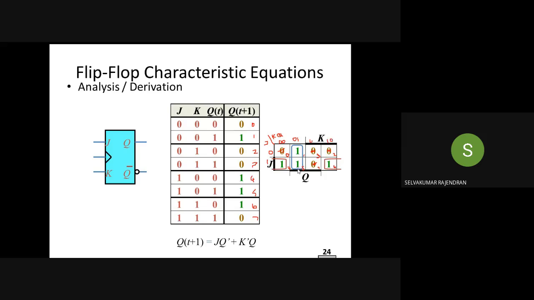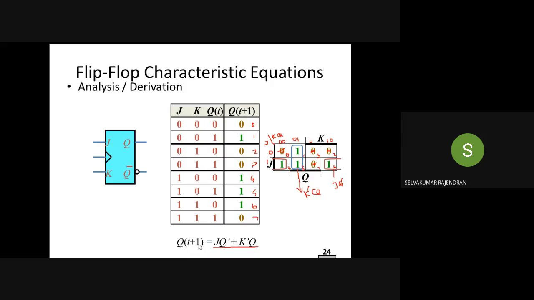So this group gives K bar Q. Okay, the second group gives J, then common term is Q bar. Okay, by summing these two min terms, then you will get Boolean expression for next state value.